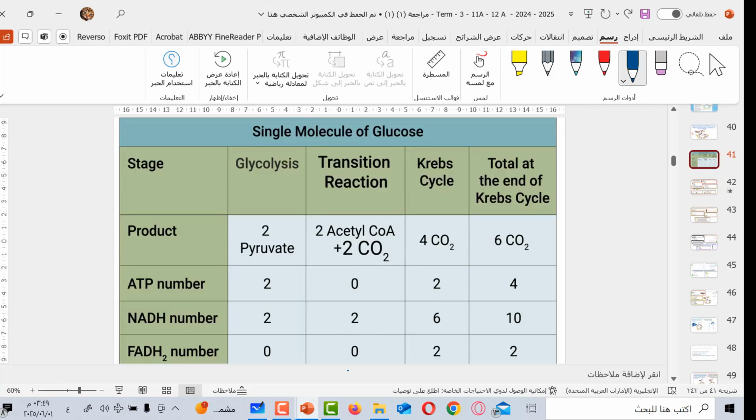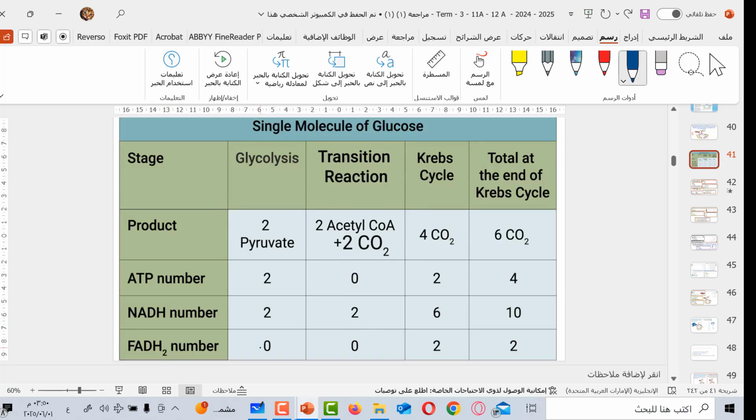Now we will see. The pyruvate is in the cytoplasm. It is the product of glycolysis: pyruvate, ATP, NADH, and 0 FADH2. Number 2, transition reaction, before going to the Krebs cycle.